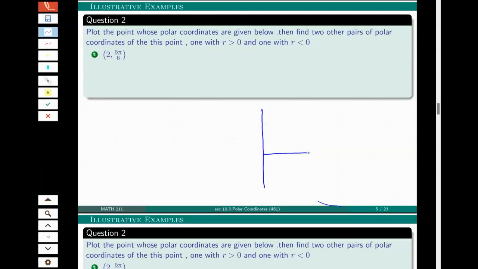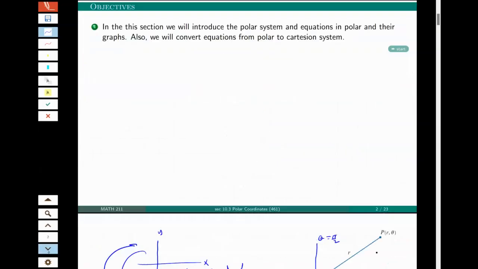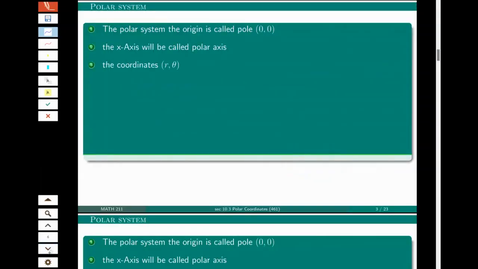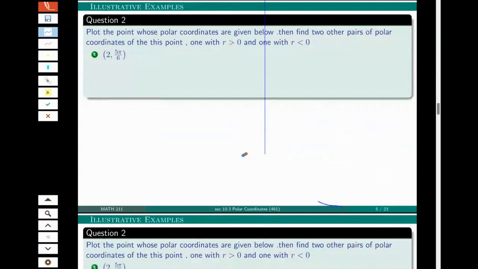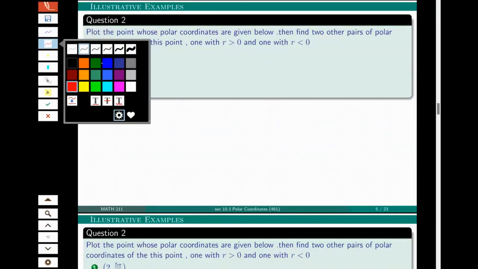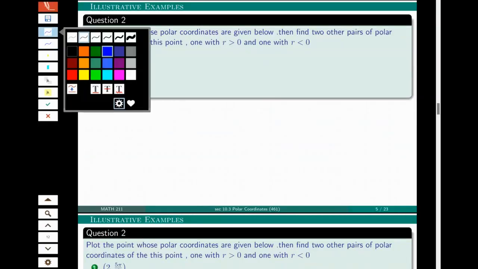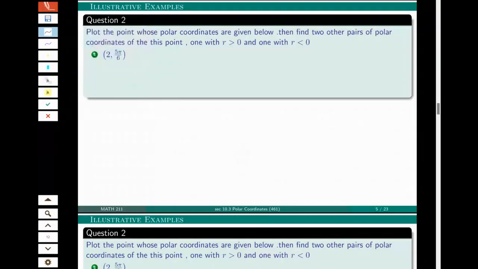We have, as I said, two points for this one. The XY coordinate system will be changed now into r and beta.